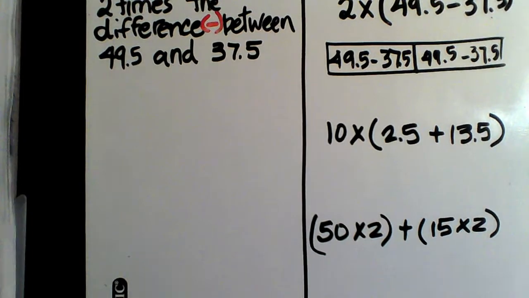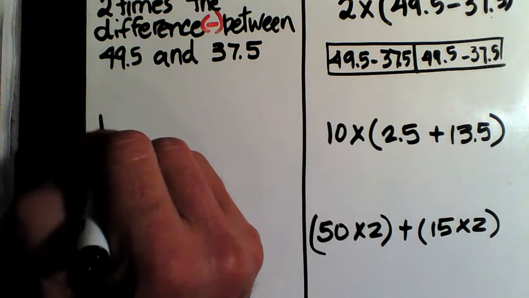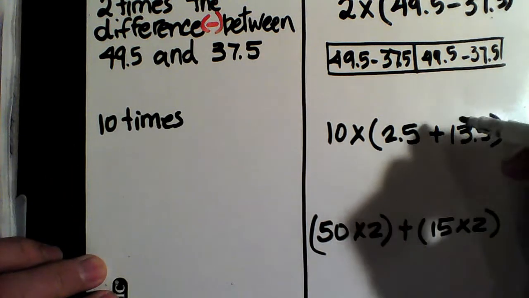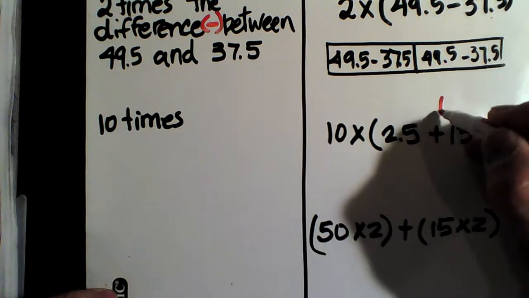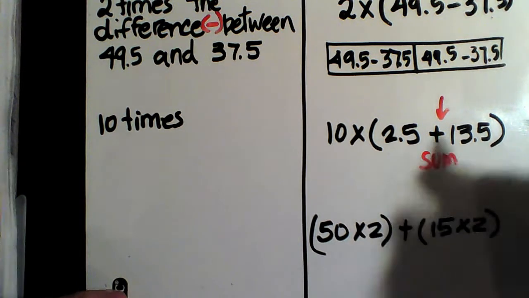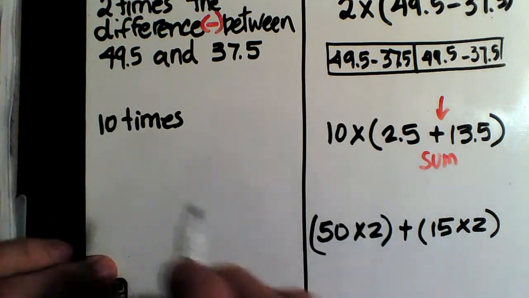Okay, so now notice that this one says 10 times. So that's going to be 10 times. Now remember that we said when we have an addition, we call it a sum. So it's going to be 10 times the sum.